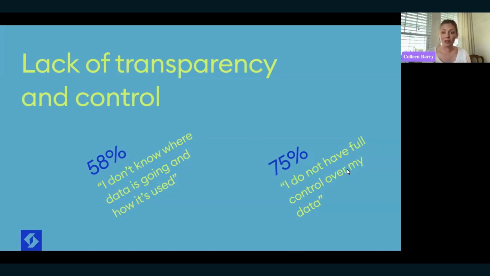So what we really see here is that there's truly a massive opportunity for businesses that want to get this right. Imagine if your business can be one of the companies that is actually giving people the transparency they're looking for, and also giving them the control to enact the privacy choices they want to make. So there's a big opportunity for businesses who want to get this right to fall on the right side of where consumers want their brands and partners to be.